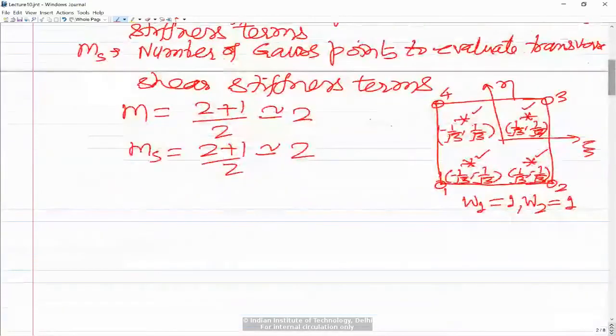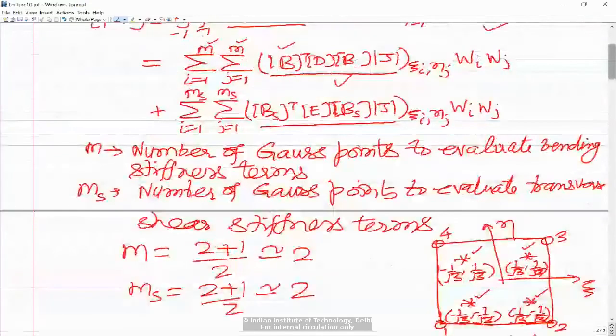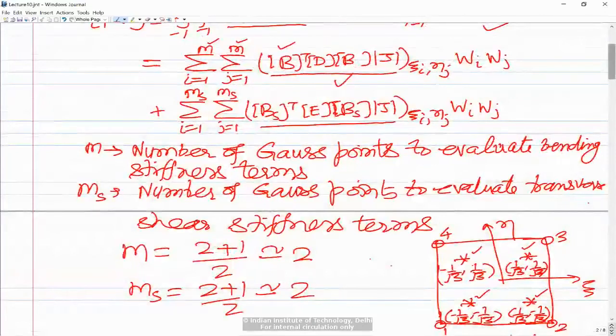So then, sir, the power of xi and eta will always be the same? See, if the element is a rectangle in the physical coordinate space, then for all the elements it is going to be the same. But if the element is not a rectangle in the physical coordinate space, there may be a slight deviation, so the power of xi and eta may actually increase.